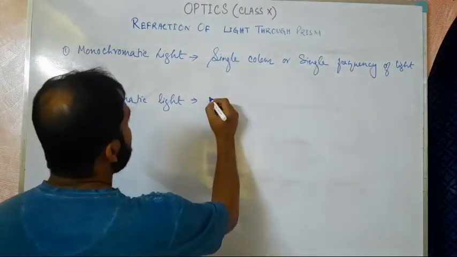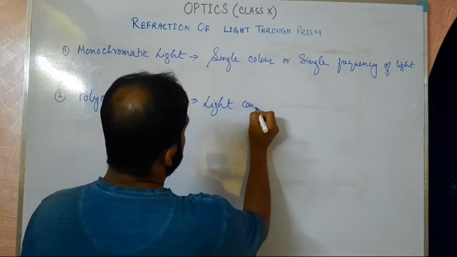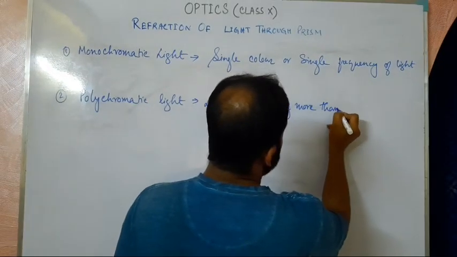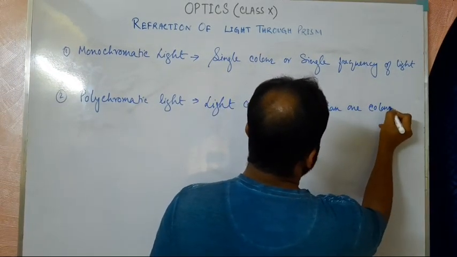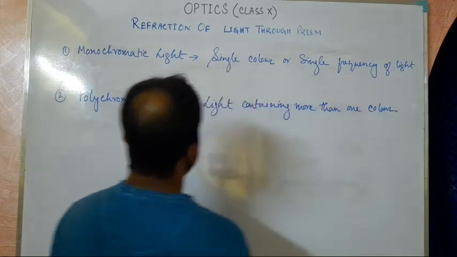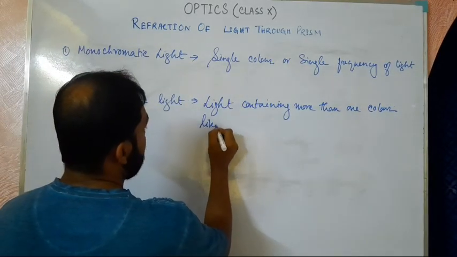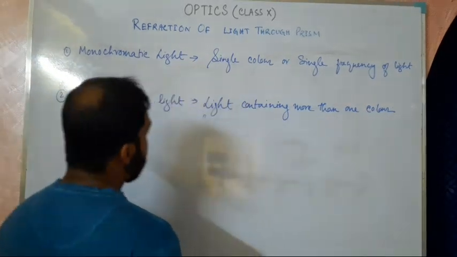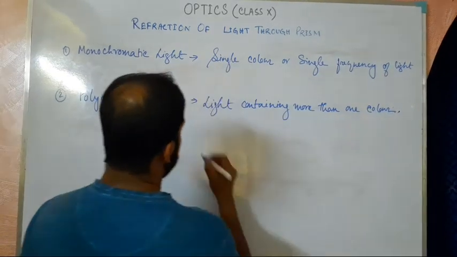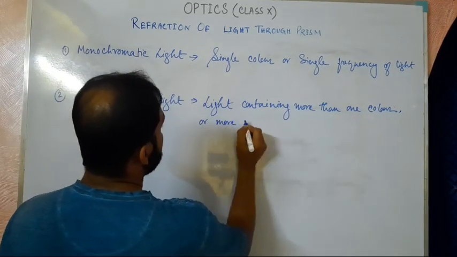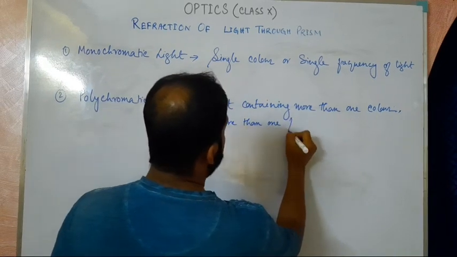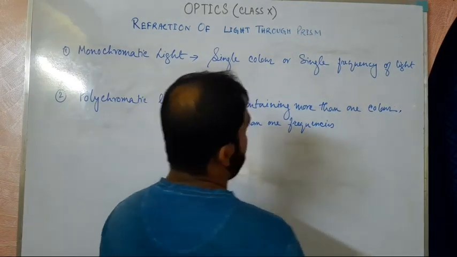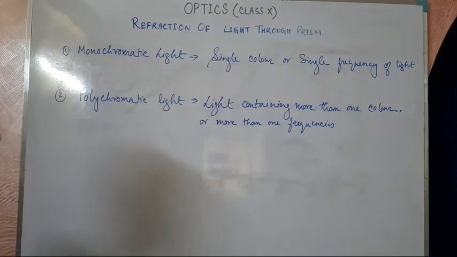So light containing more than one color, or color means more than one frequency, more than one frequencies. This type of light is called polychromatic light.